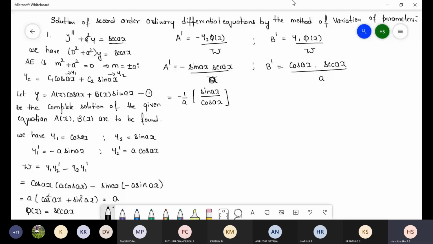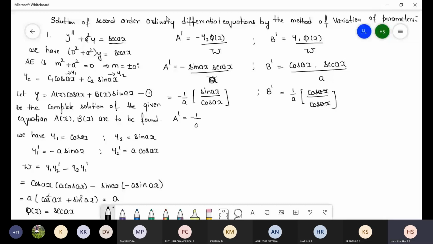So B dash we will get is 1 by A. B dash is equal to 1 by A cos ax, secant ax is 1 by cos ax. So cancel. A dash is equal to minus 1 by A, this we can write as tan ax.